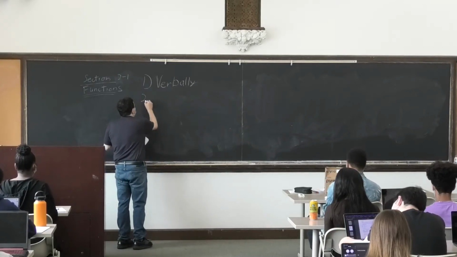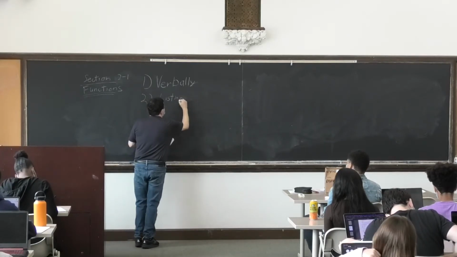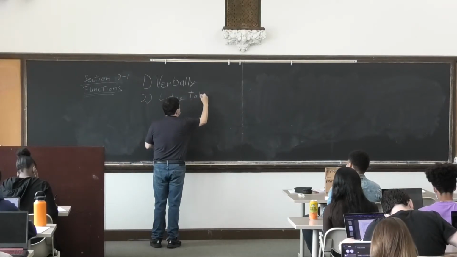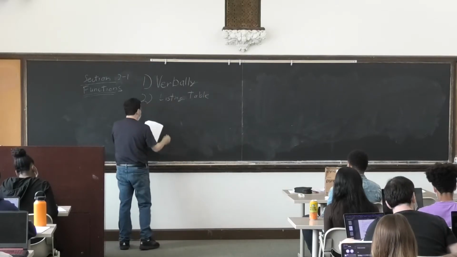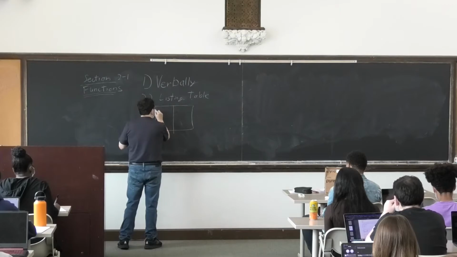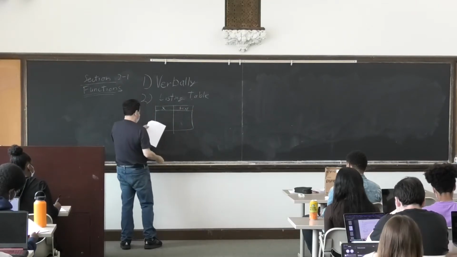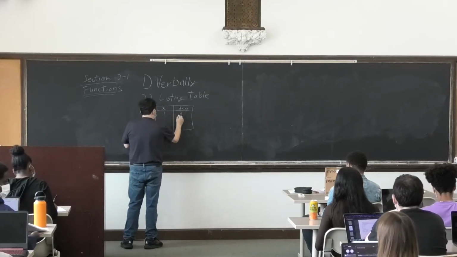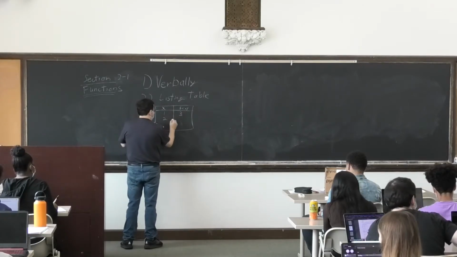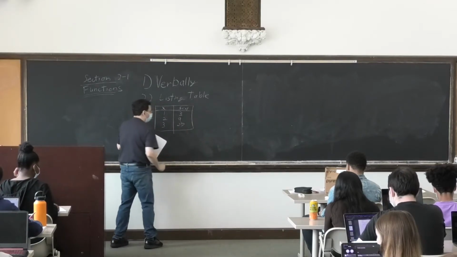You could have an explicit listing or a table. You could say, here's x, here's f of x. I could say 1, 3, 2, 9, 3, 27.